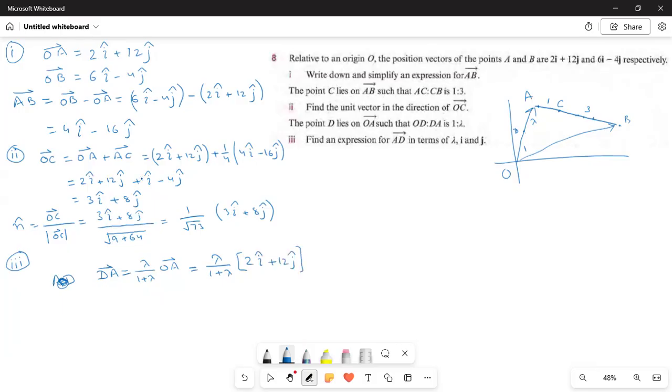Now we are interested not in DA but AD, so AD is just the negative of it: negative lambda over 1 plus lambda times 2i plus 12j. So this is our part 3.